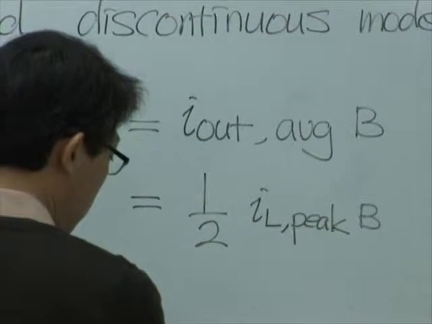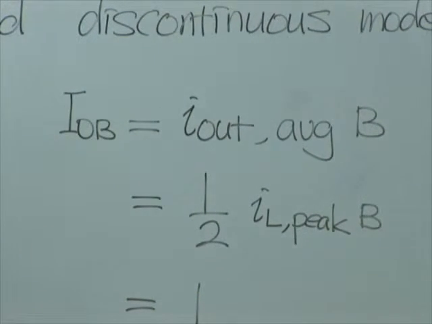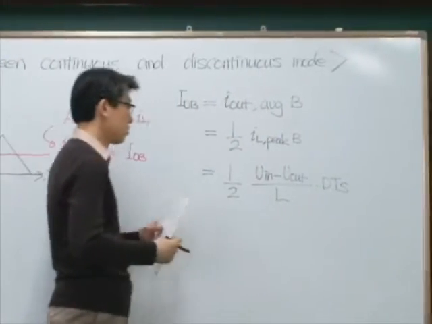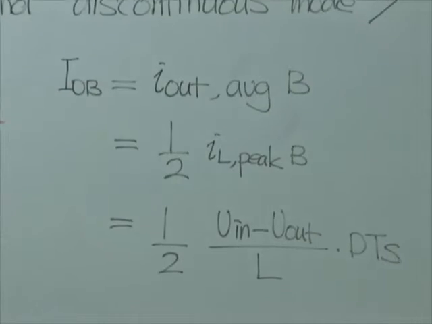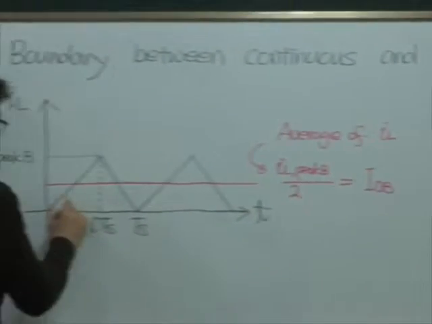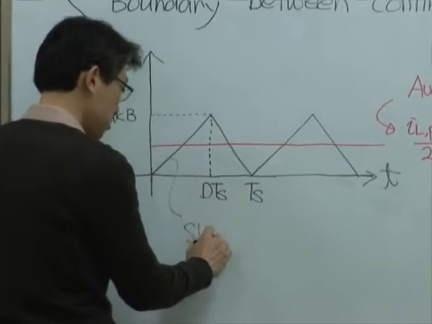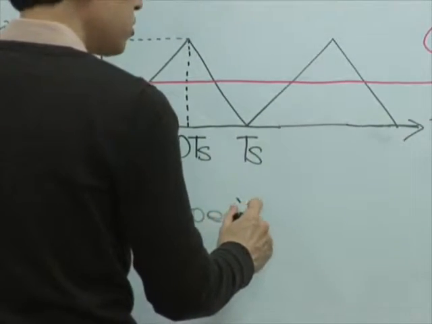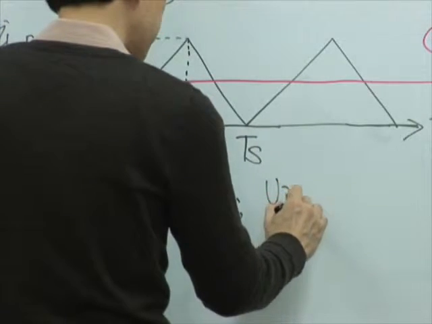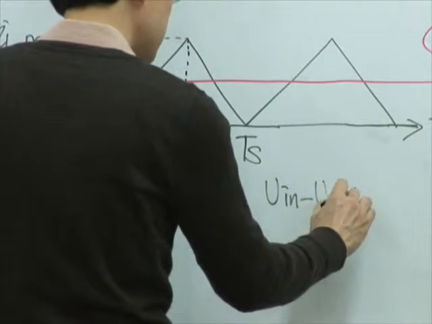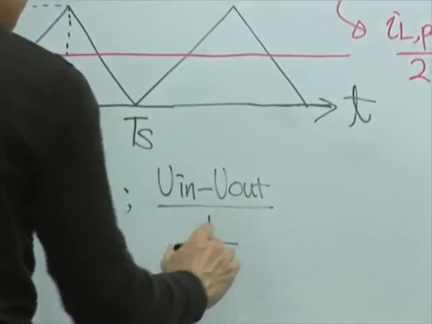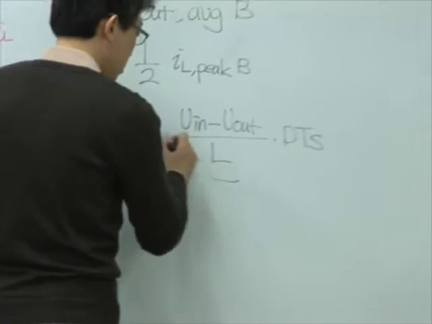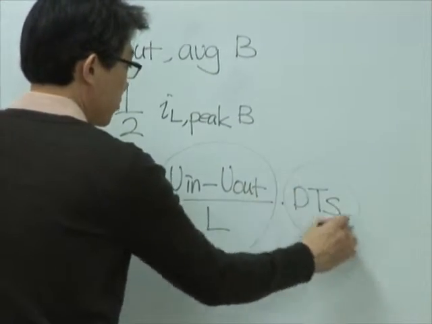and this can be represented in terms of input voltage. Okay, why is this? Because this slope is V input minus V output divided by L. Okay? So slope times the time becomes the current.